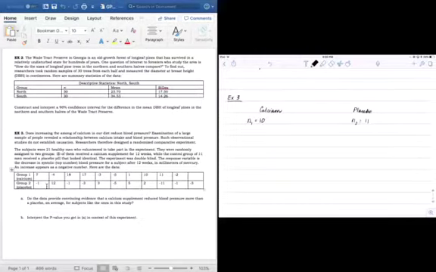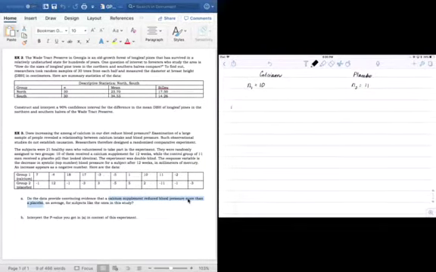First step, let's read the question again. Do the data provide convincing evidence that the calcium supplement reduced blood pressure more than a placebo? This sentence right here tells us how we should write our alternative hypothesis. So the first part is the null, the alternative, and the statement of parameters.